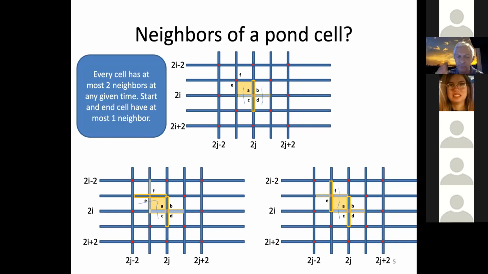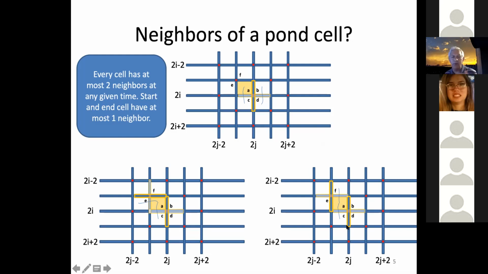It says that every cell in this pond has only 2 neighbors that you can visit at any given time. And so if you look at A here, A is adjacent to C or E if this barrier is horizontal, and A is adjacent to C and F if both of these are vertical.